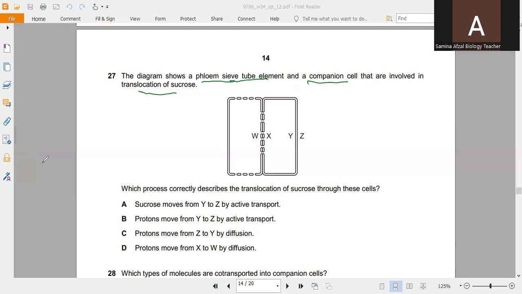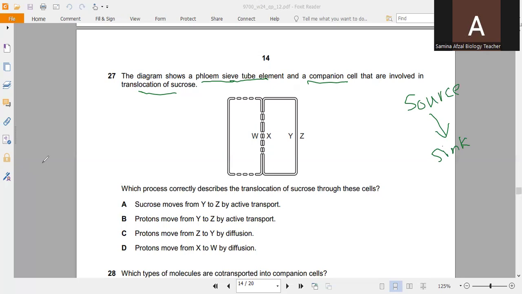Before going into detail, I would like to say something about these. The phloem is the plant tissue that transports sugar, sucrose, amino acids from source to sink. Source is where the food is manufactured, and sink is all other parts where the food is needed, or sometimes you can say where it is stored.